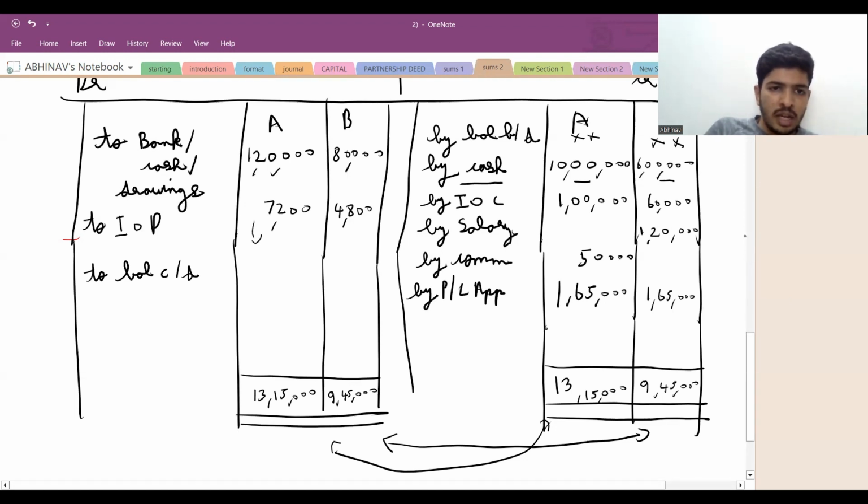So A's closing balance is 11 lakh 87,800 basically. Then B: 9 lakh 45,000 minus 80,000 minus 4,800. So it is 8 lakh 60,200.